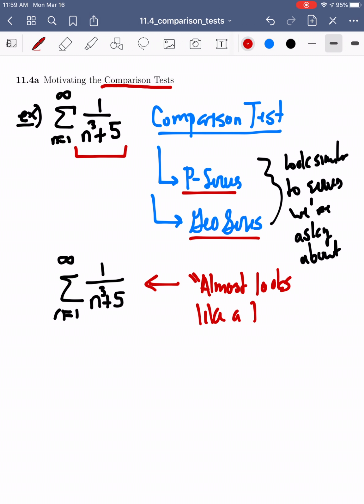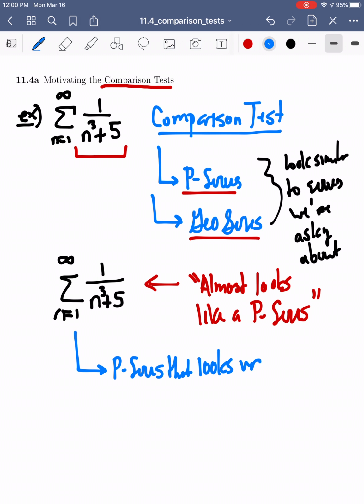Okay. And the only little hiccup with this not being fully a p-series is this plus 5 right here. So basically what I want to say is a p-series that looks very similar is, hopefully you can see, the series from n equals 1 to infinity of 1 over n cubed.